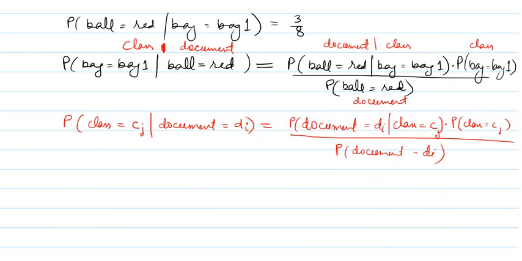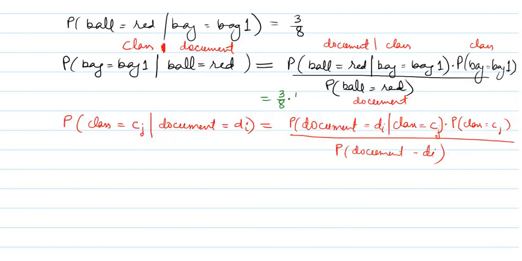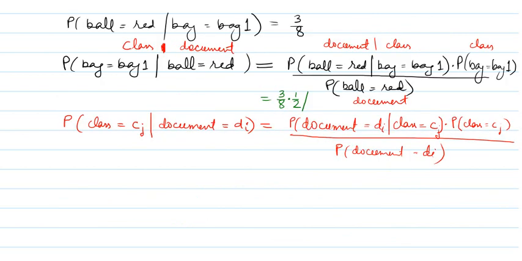So this value is 3 by 8, multiplied by P of bag is equal to bag 1. We are having 2 bags and the probability of bag 1 is half, so multiplied by half, divided by P of ball is equal to red. We calculated ball is equal to red here as 1 by 4, divided by 1 by 4.